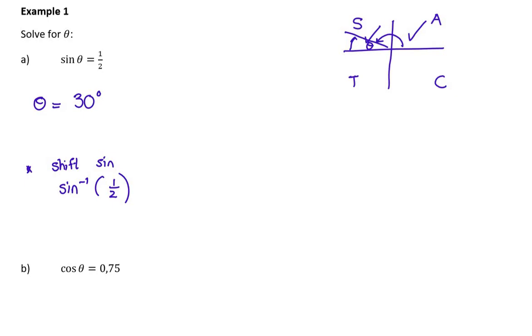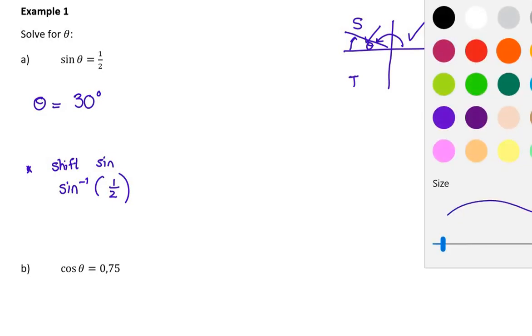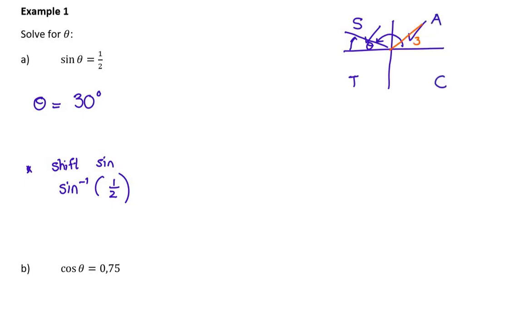Now don't forget that an angle of 30 degrees in this first quadrant will give you a sine ratio of a half. But 360 degrees later, you'd be in exactly the same position. So the general solution is plus k 360 degrees, and you have to explain that k is an element of integers. Your second solution for sine is the fact that you could be working in the second quadrant.